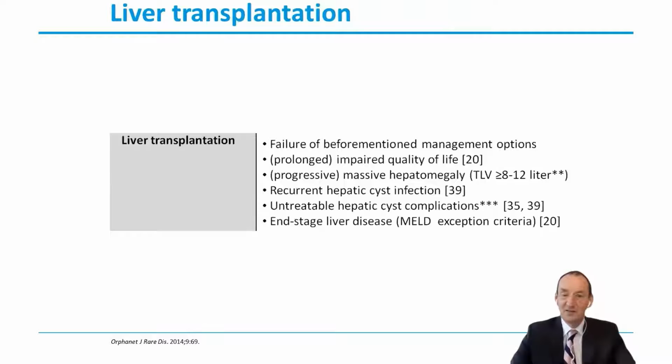So liver transplantation is a definitive treatment, particularly suited for patients with recurrent hepatic cyst infection and untreatable hepatic cyst complications, and also in the few cases where patients with polycystic liver disease may develop end-stage liver disease and have MELD points.